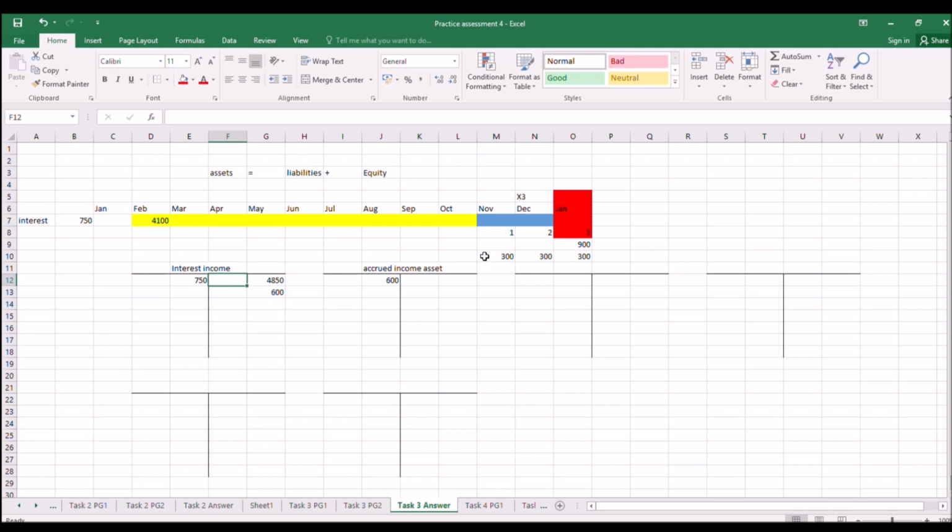So that would be bank in here. This is going to be our year-end adjustment. We'll find what we got available in there. There's our reversal in there, and our transfer to the profit and loss account. Profit and loss account is going to be.